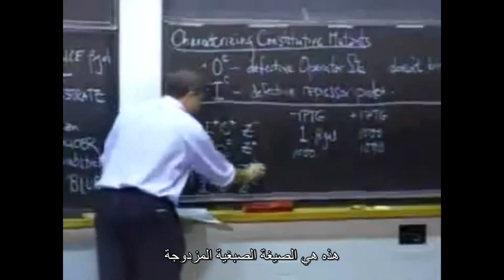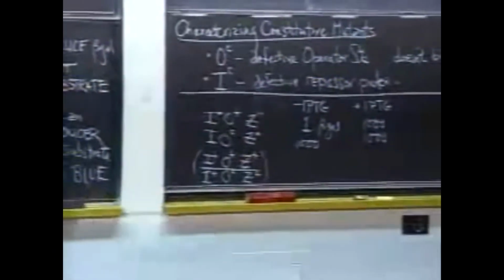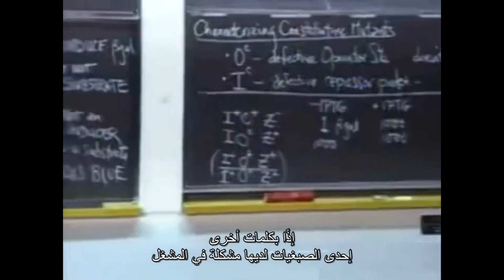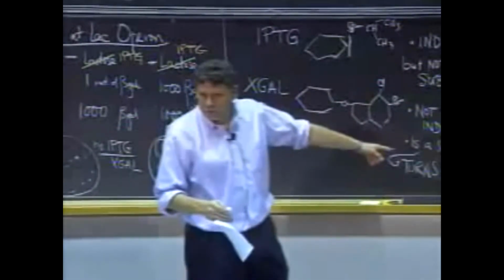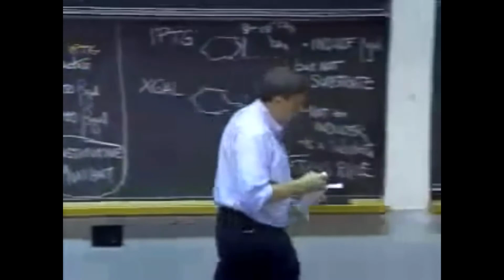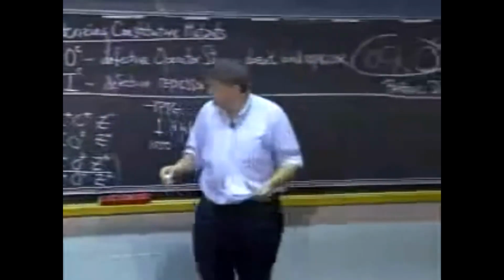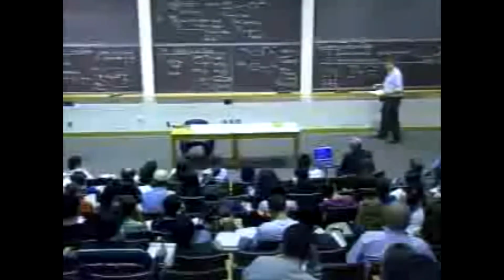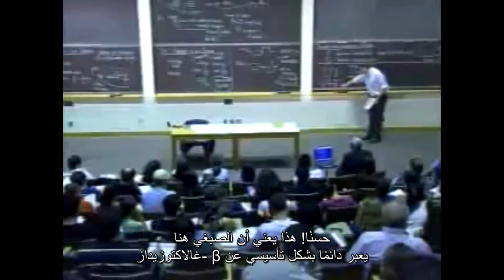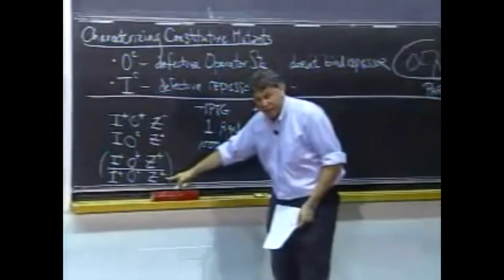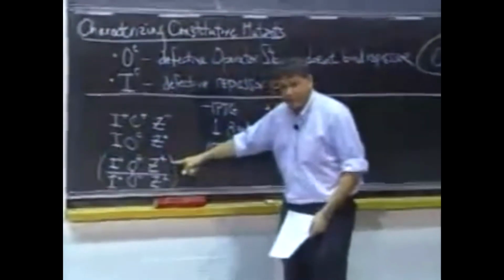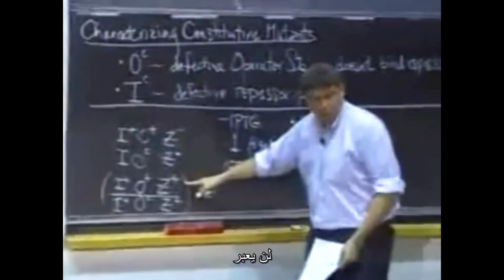So here's my diploid. What will be the phenotype then? In other words, one of the chromosomes has an operator problem. Well, that means that this chromosome here is always going to be constitutively expressing beta-gal. But what about this chromosome here? It won't.